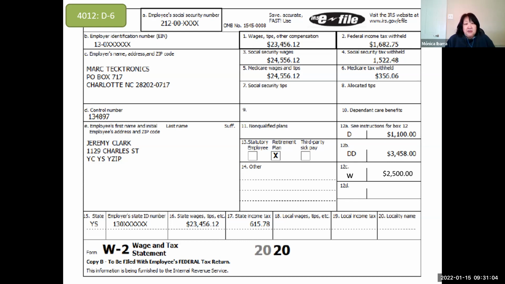There can also be, and almost always is, local wages, local income tax, and locality name. We do not prepare local tax returns. So if somebody comes to you from Forest Park or Cincinnati, or there are a lot of localities, we don't do those returns.